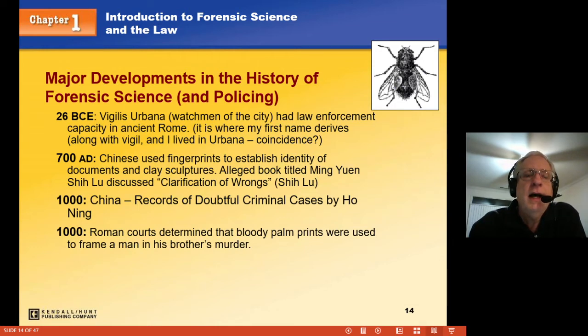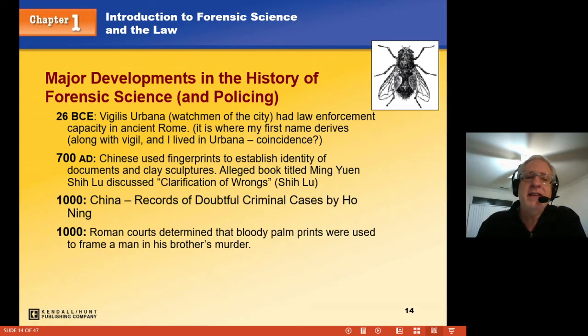So a shortening of Vigilis Urbana was to call somebody a Virgil, which is where my first name comes from. It means a watchman of the city. So I know this historically for where my name comes from. And interestingly, I've also lived in Urbana. Maybe that's why I'm teaching this class.